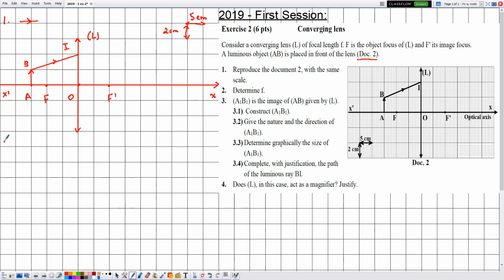Now in number 2, they are telling me determine f, so we need to determine the focal length.